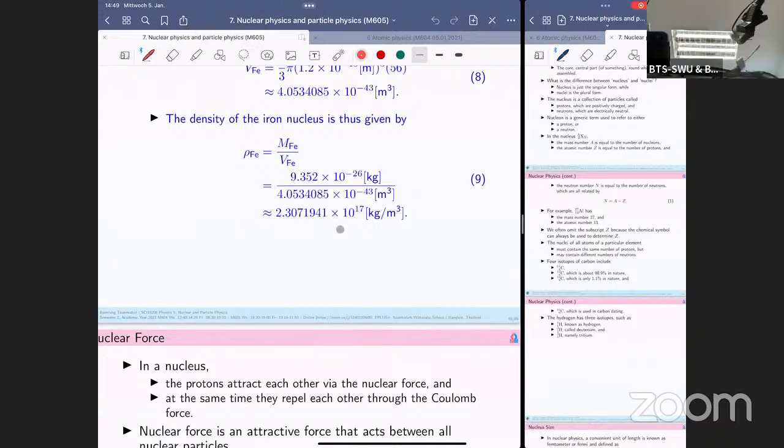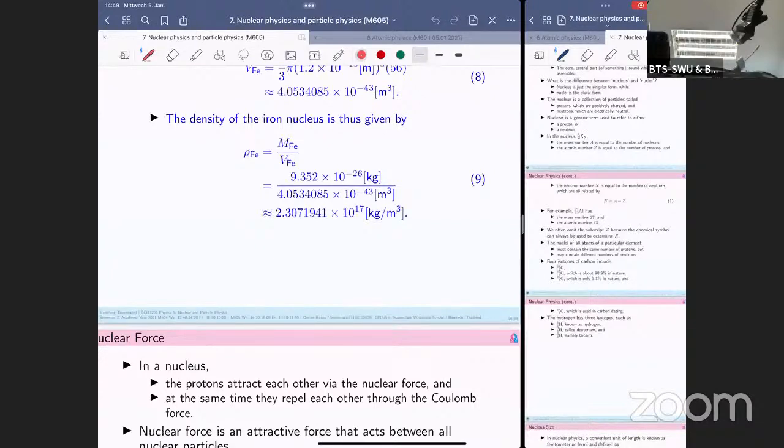Okay, and that's the density of the iron nucleus. So what do you think? We could see that it's 10 to 17, right? For water, we have a density of 10 to 3, right? 1,000 kilogram per cubic meter.